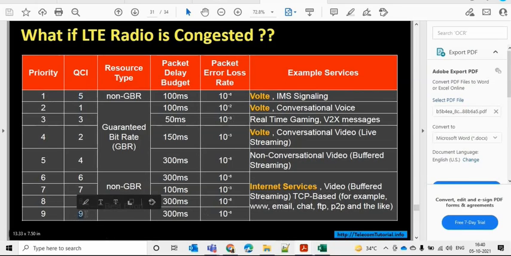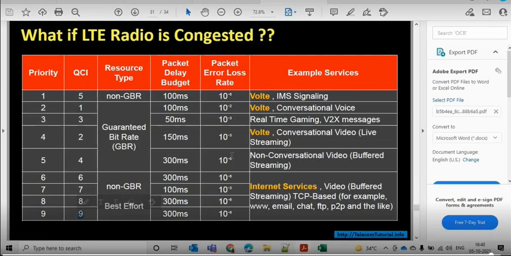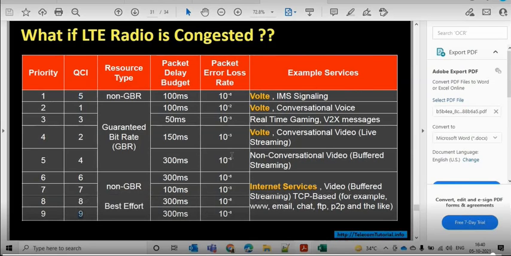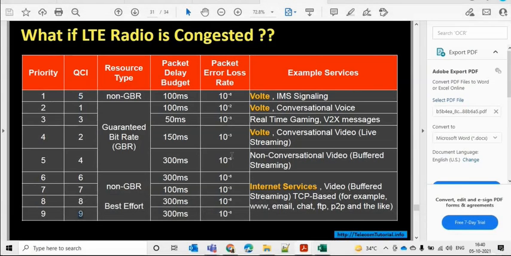QCI value 9. Like you have seen in our handset, it has both IPv4 and IPv6 established in the data settings, in the SIM settings of our handset. So basically, they work on dual bearer connection.